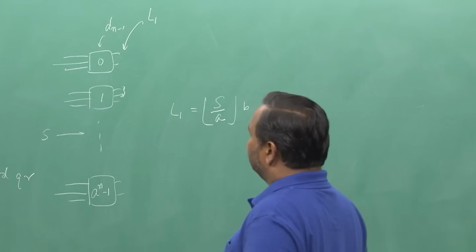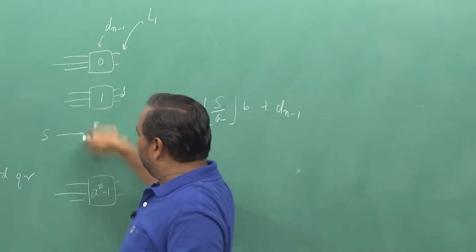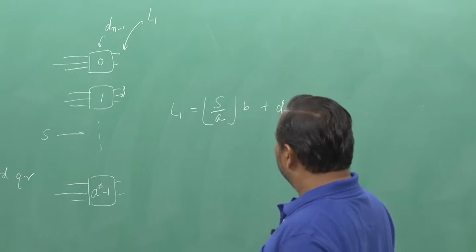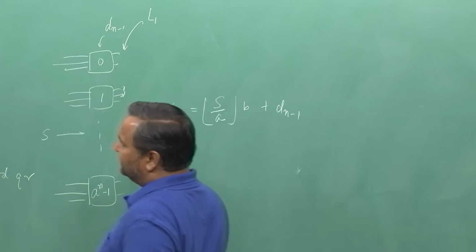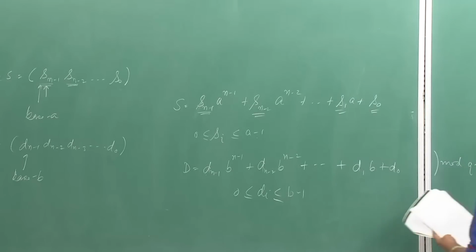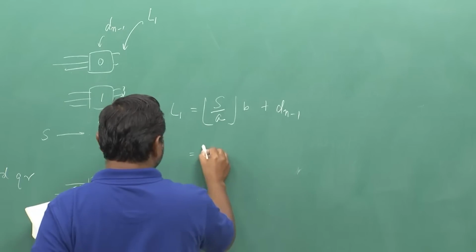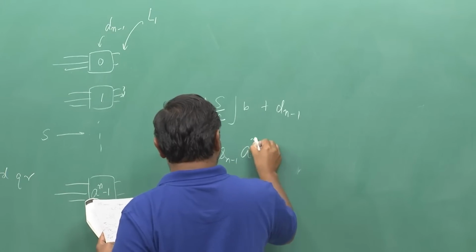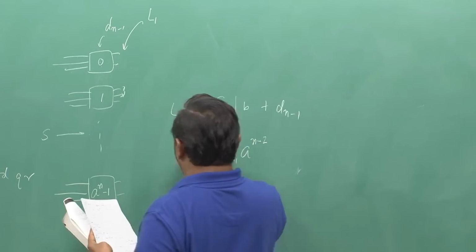Okay. So, Dn minus 1, because that is the digit being used for routing in the first stage. So, I can now expand it, I can put this S from here and divide by A and get the floor function. So, I will get S n minus 1 A raised power n minus 2, I have divided by A, remember.